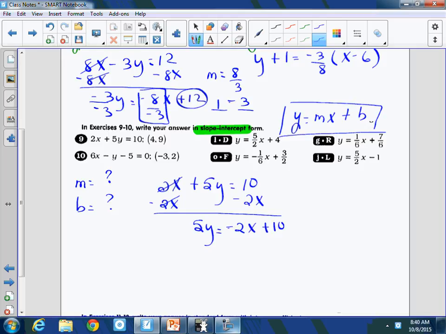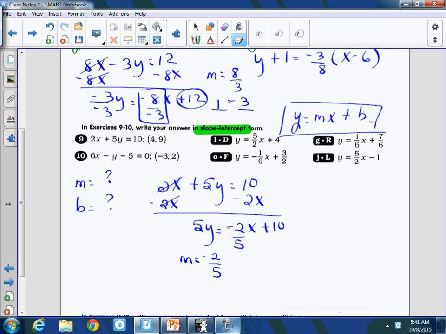And do I really need to bother with that plus 10? No, I really don't. We need to just stop writing them because we really don't need them for anything. Because all I'm doing is to get my m. And then I'm going to have to divide by 5. So that slope ends up being negative 2/5. But that is not the slope that I want. It's 5 over 2. There you go.